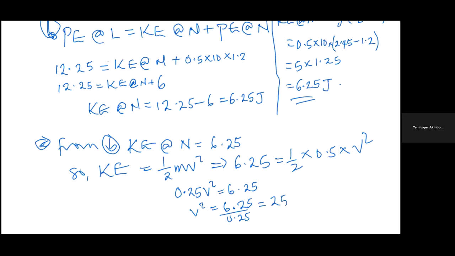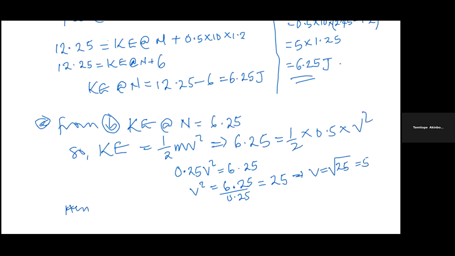So V will now be square root of 25, which is 5. Hence, the least speed equals 5 meters per second. Hope that makes sense to you.